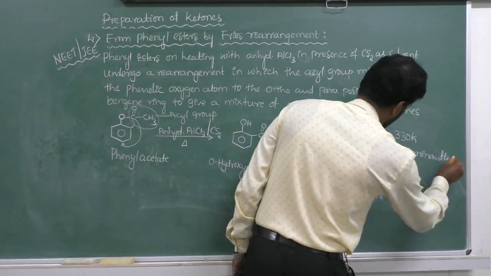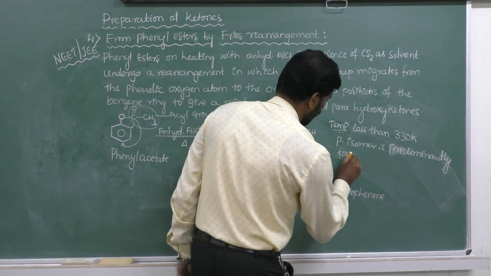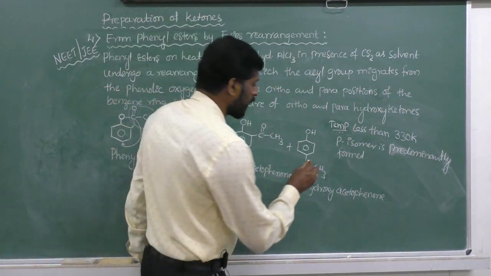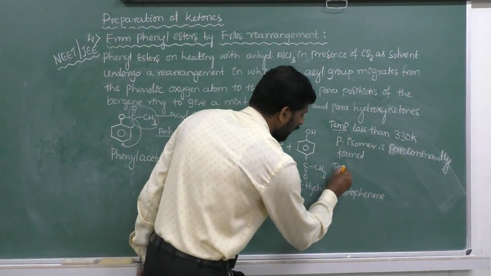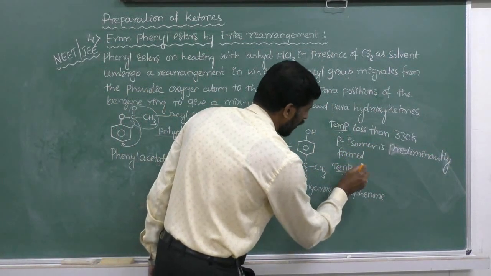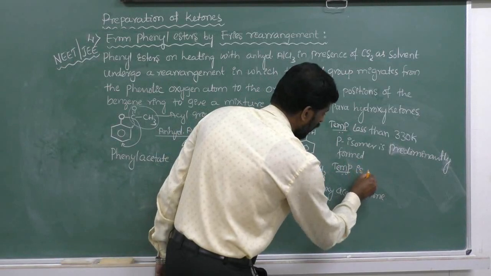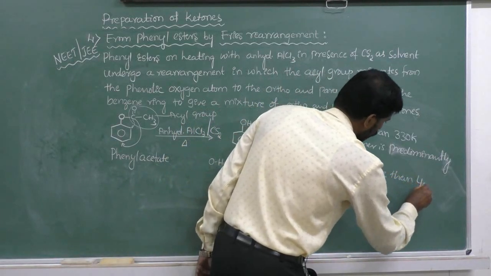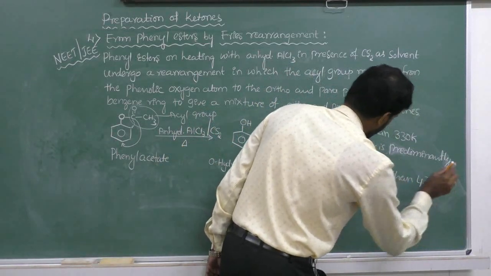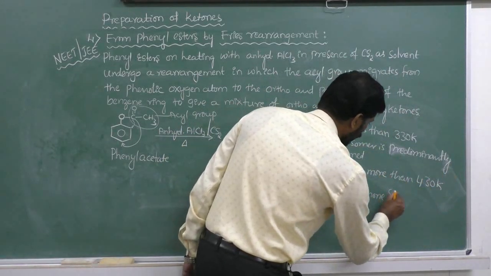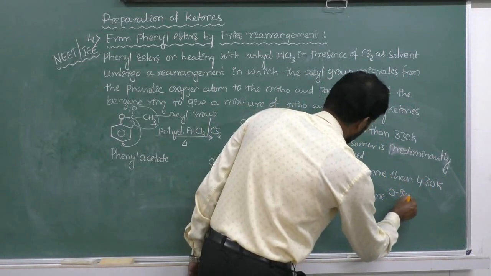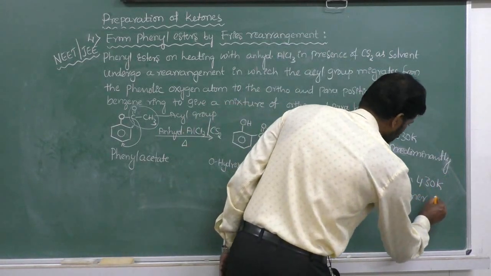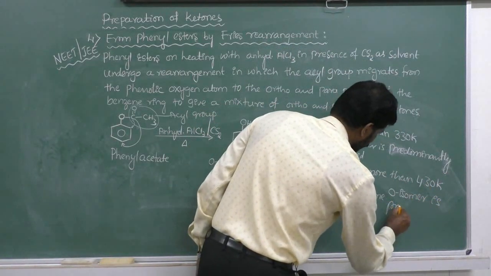When is the ortho isomer formed? If the temperature is more than 430 Kelvin, the ortho isomer is predominantly formed.